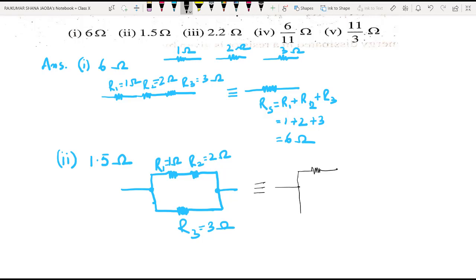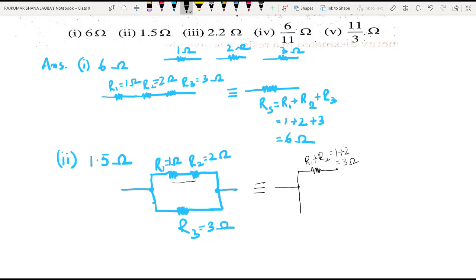R1 and R2 are connected in series, so their equivalent resistance is 1 plus 2, so 3 ohms.